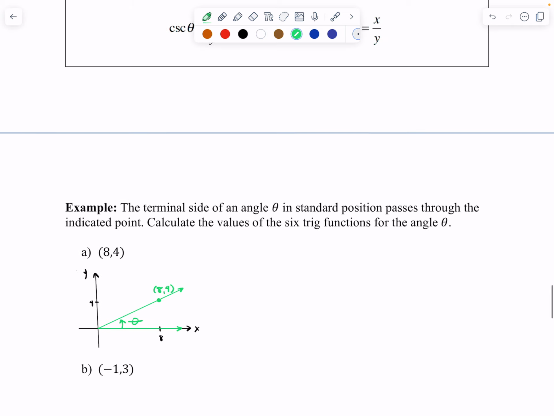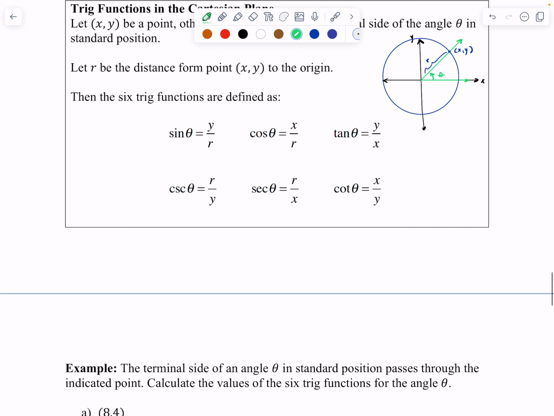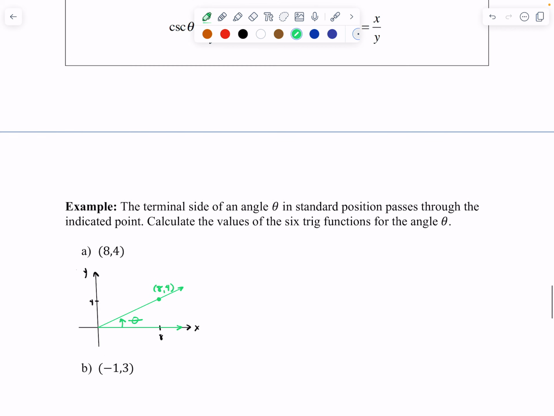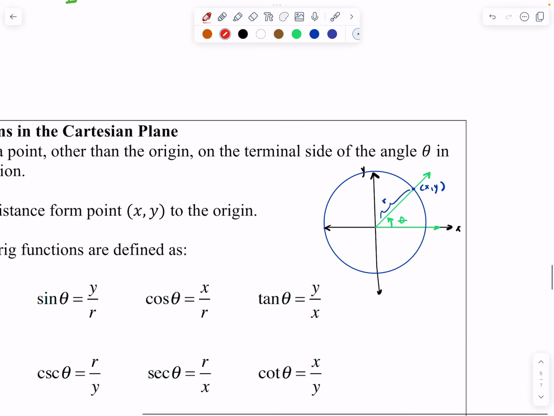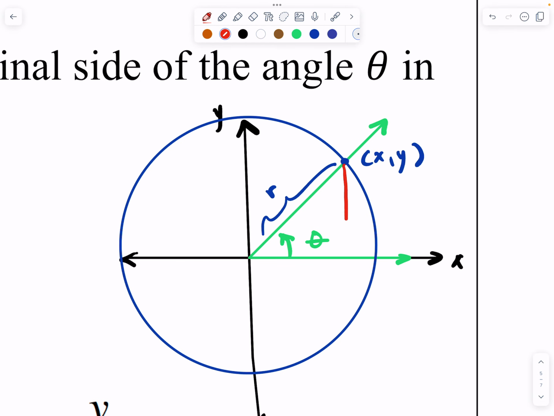Okay, now looking up here at these ratios, we now know x and y, but we need to figure out what r would be. So like what the distance of this point is to the origin. And going back up to this picture here, notice that if we were to drop a perpendicular and create a triangle like we did whenever we were deriving our unit circle, this leg of the right triangle would correspond to x, this would correspond to y.